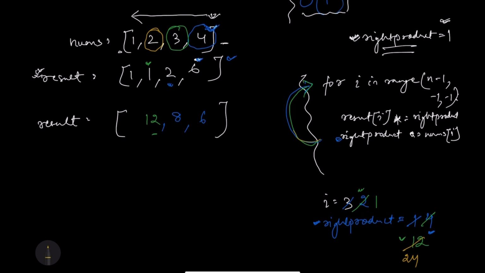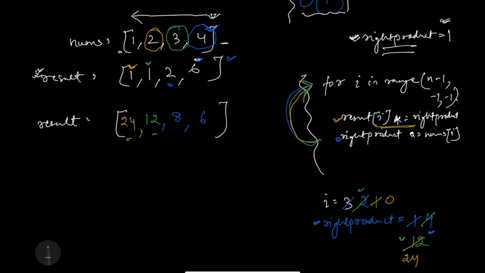Now our i would be 0. So we are at the 0 position, and now we will find our result at this position. It would be 24 into 1, so we will write 24 here.